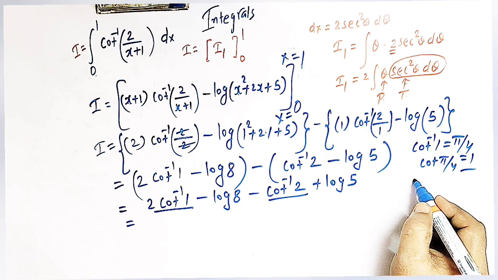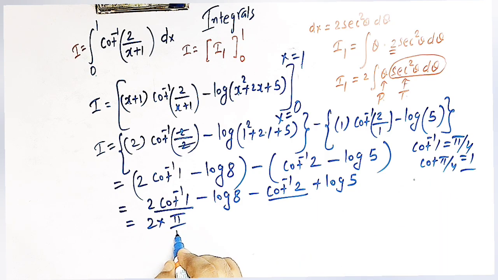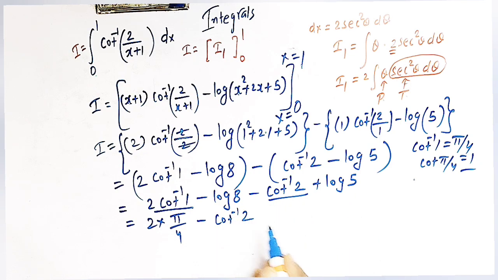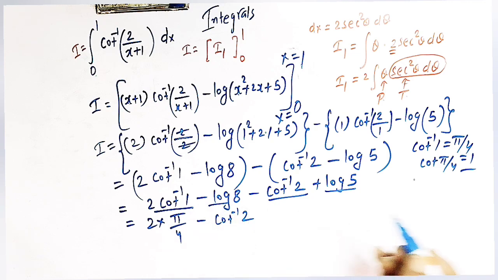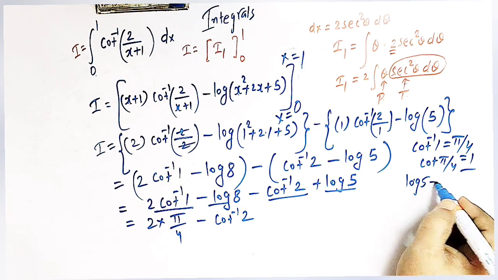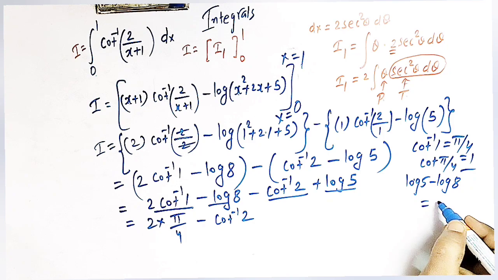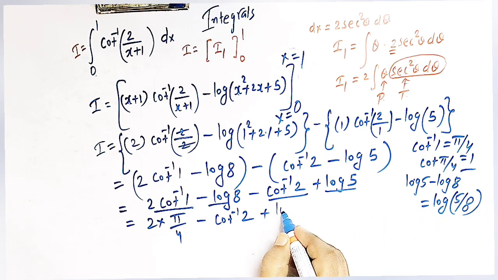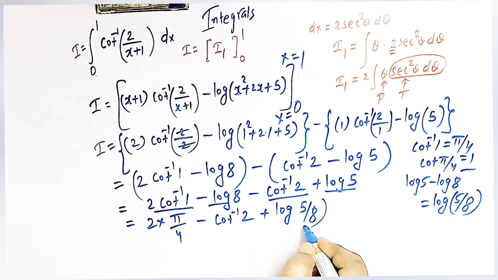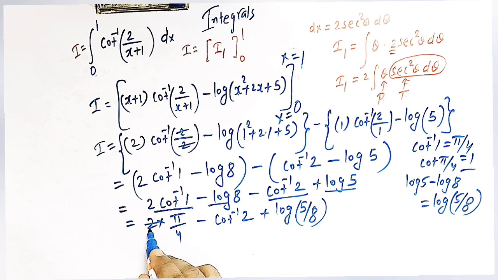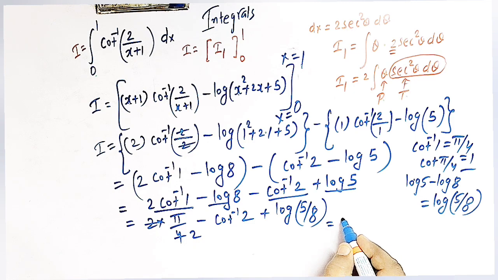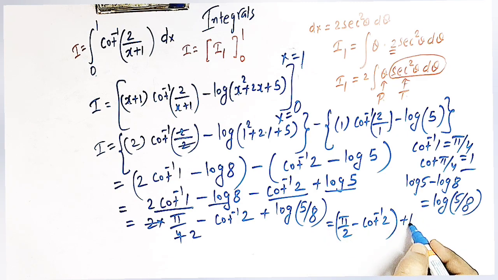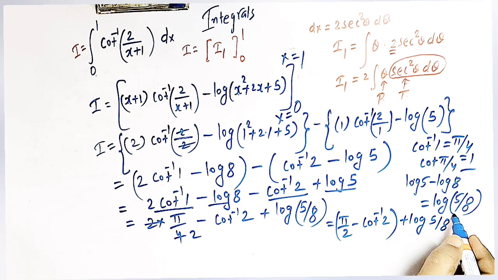So here we have 2 times pi by 4, and then we have minus cot inverse 2, and we can combine these two terms, that is log 5 minus log of 8, which can be written as log of 5 over 8. Now 2 times 2 is 4, so we have pi by 2 minus cot inverse of 2, and here we have log of 5 over 8.